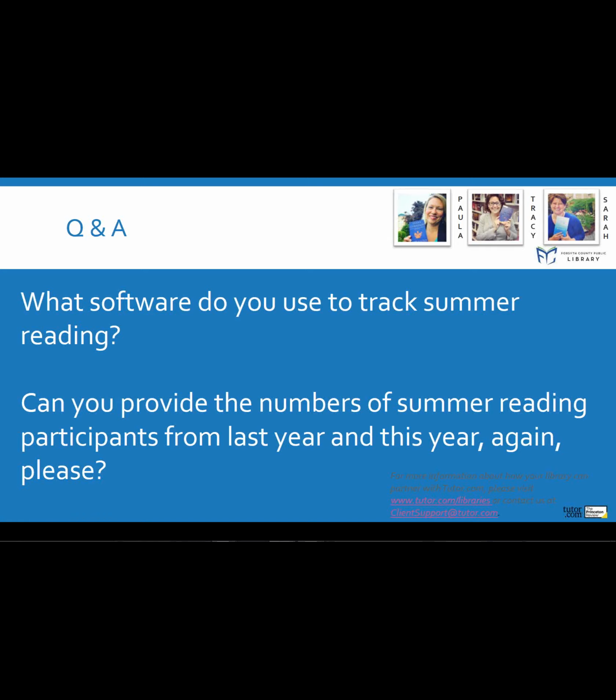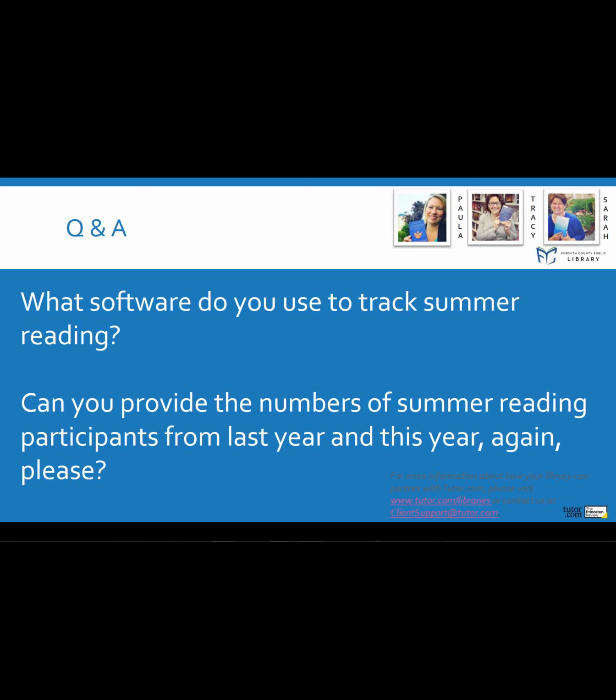Sure. Last year at the end of our program, which usually ends at the very end of July, right before school starts back up, we had 4,900 registrations. That includes everybody from our preschool, elementary, teen, and adults.